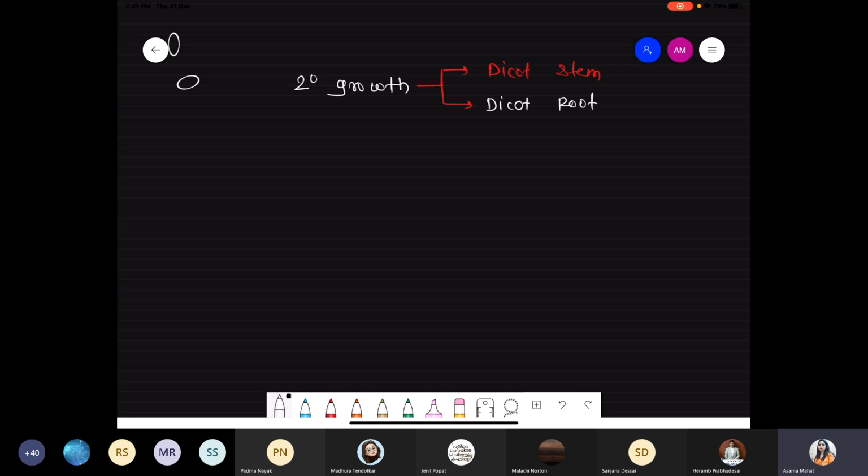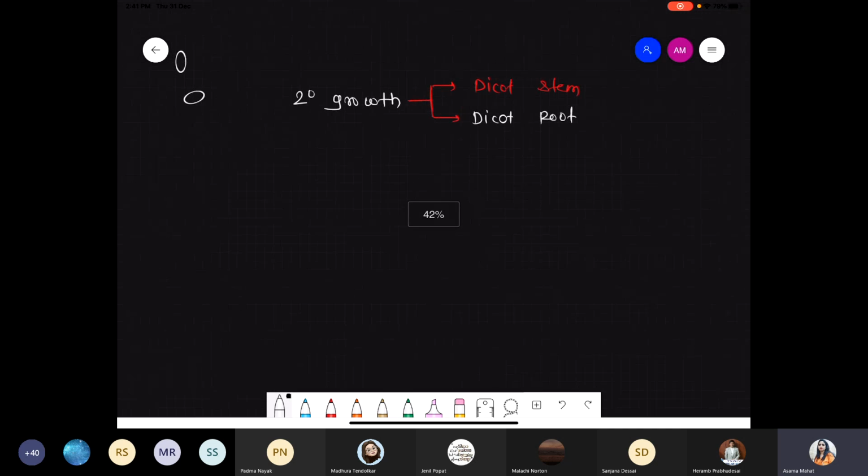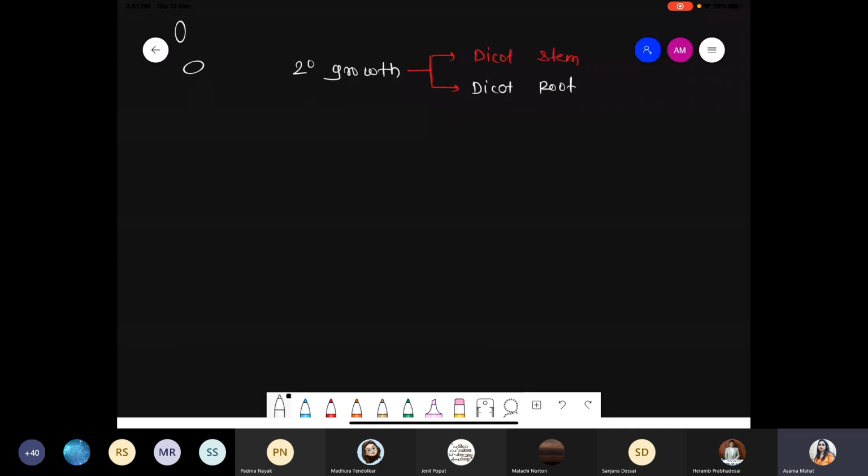So in this chapter we are not taking the gymnospermic stem and root, only the dicot root and the dicot stem. Okay? First of all we start with the information with respect to the dicot stem.